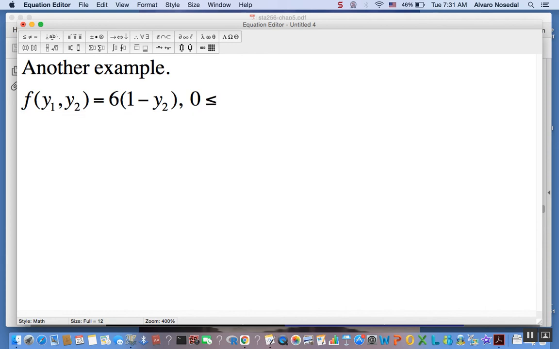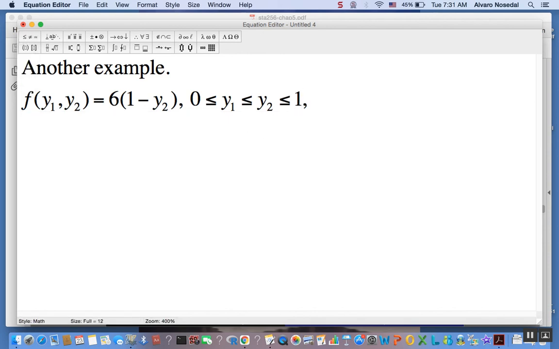So y1 must be between 0 and 1, but must also satisfy an additional restriction: y1 must be less than or equal to y2, and y2 also lives between 0 and 1.